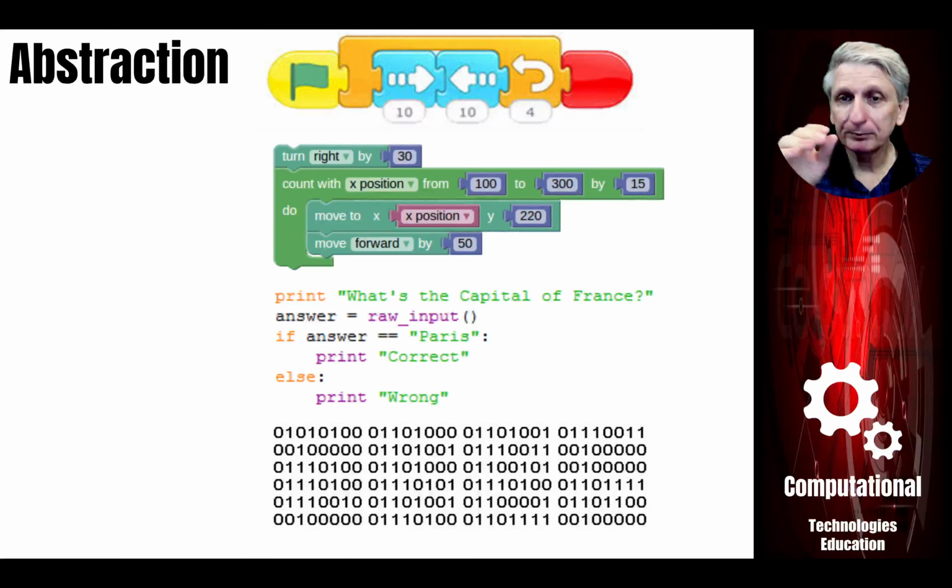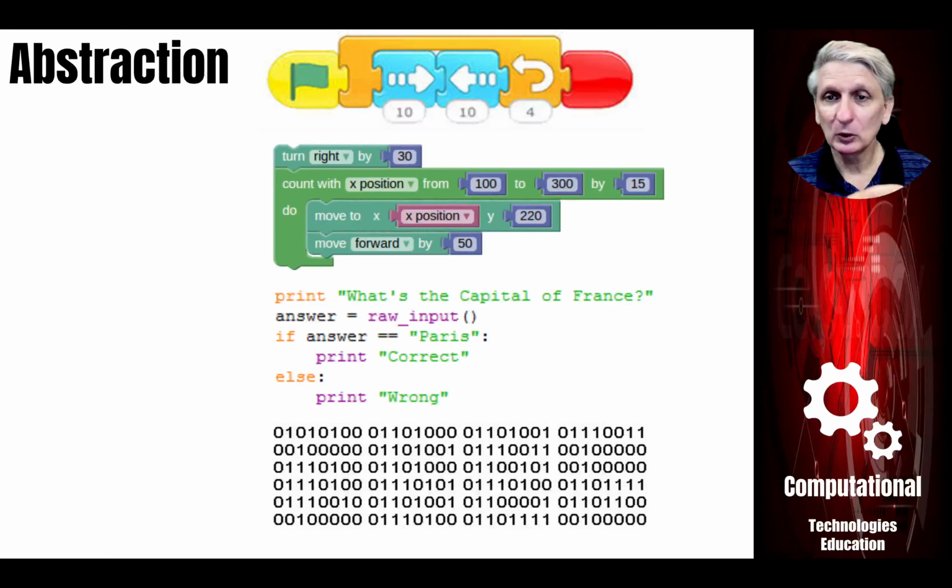But that programming code is still an abstraction of what's called machine code, or eventually binary code, where it's made up of zeros and ones, where all of those instructions are turned into a series of zeros and ones, which the computer then actually interprets, because it can't interpret anything other than zeros and ones, which we call binary.